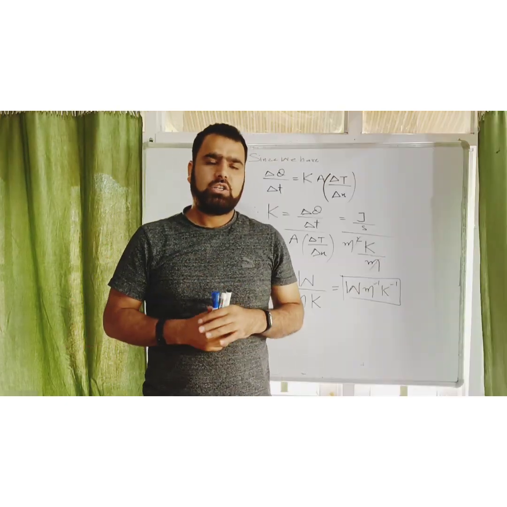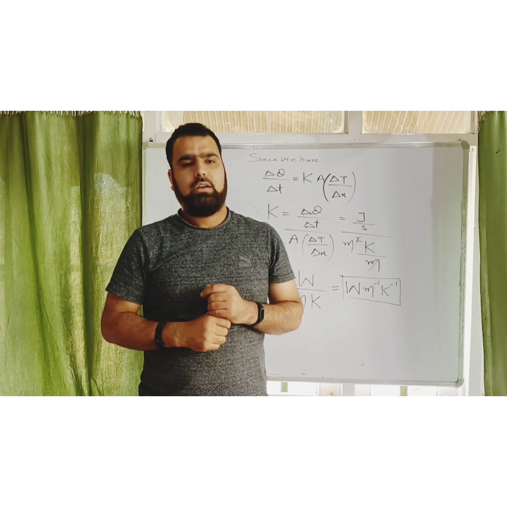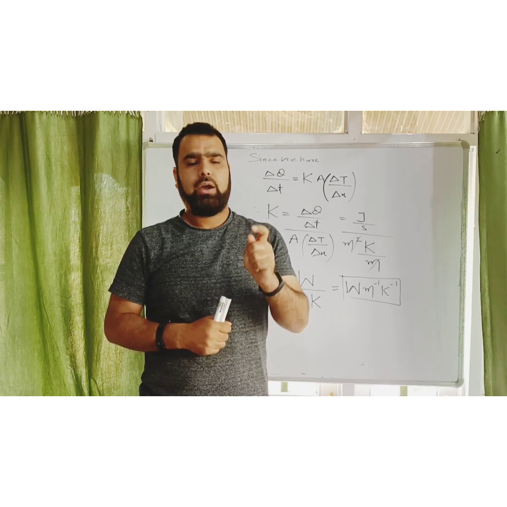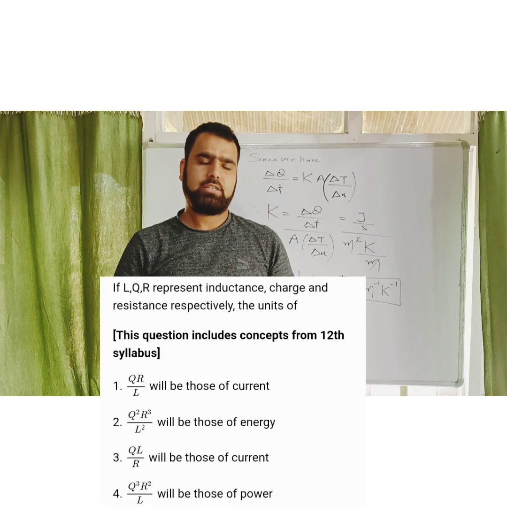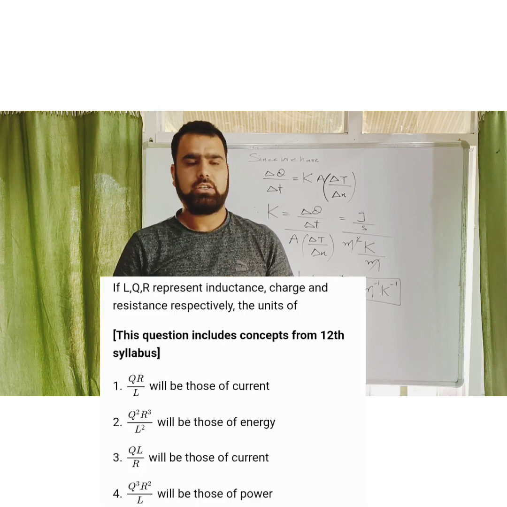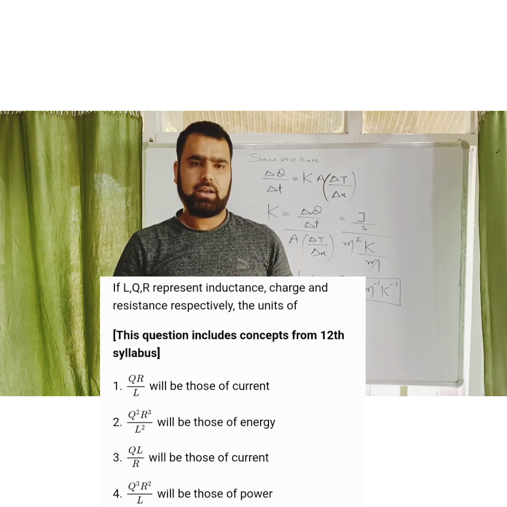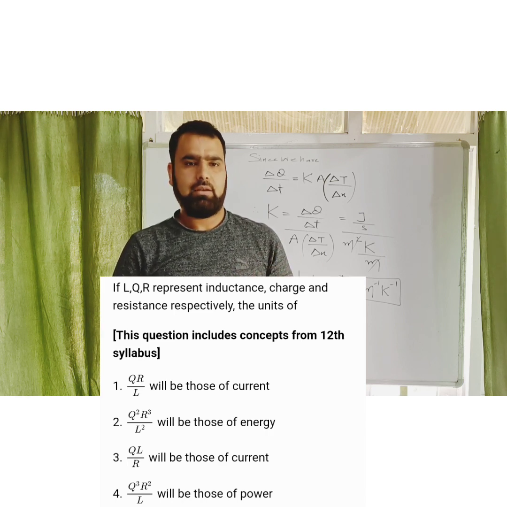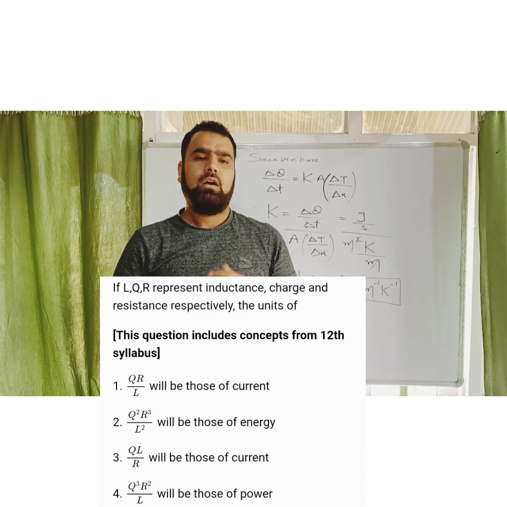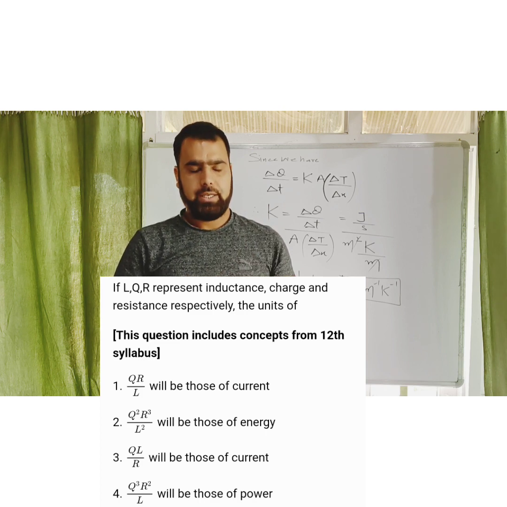Now looking for the second question. If L, Q and R represent the inductance, the charge and the resistance, then the units of QR by L will be those of current, or QL by R will be those of current. Options are on screen.